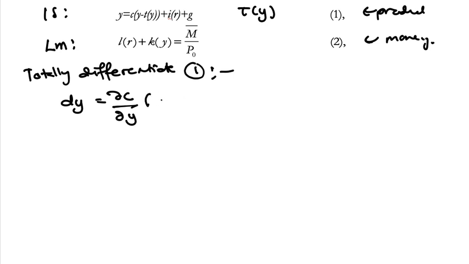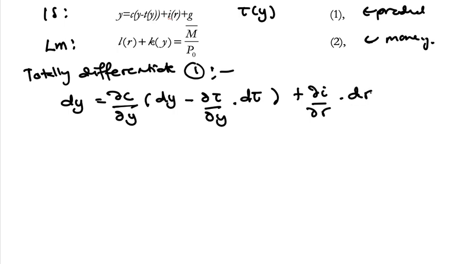And then in the bracket, totally differentiate y, minus partially differentiate tax with respect to y, and then multiply by dy, close bracket, and then plus delta I over delta R times dR, and then plus dG. Alright, so let's call this one 1a.